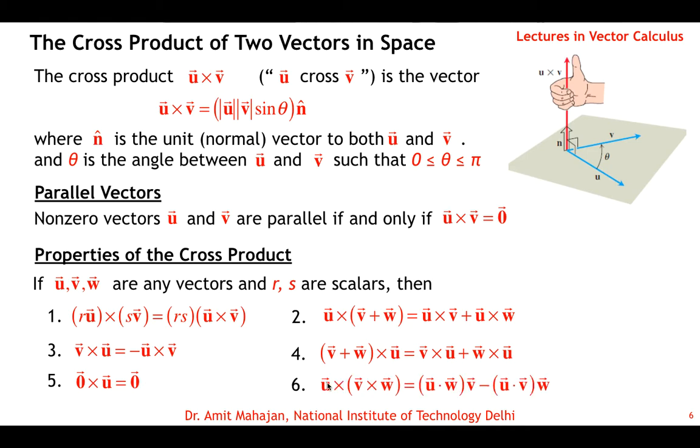And the sixth property is that u cross (v cross w) is (u dot w) times v minus (u dot v) times w. Clearly you can see that the dot product is just a scalar quantity, so you have a difference of vectors, and here it is a cross product of three vectors.